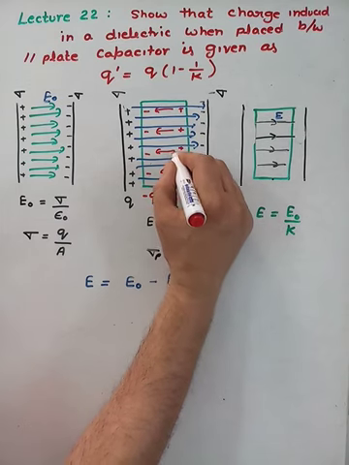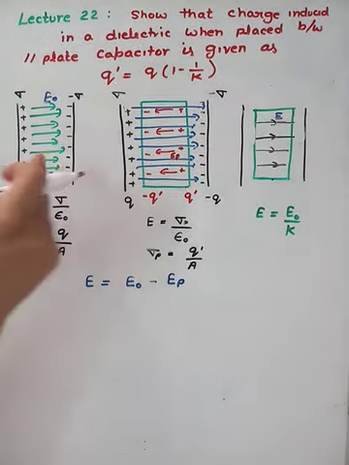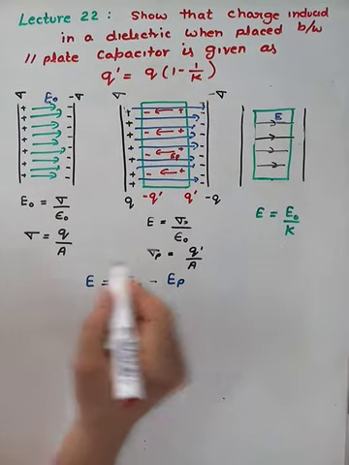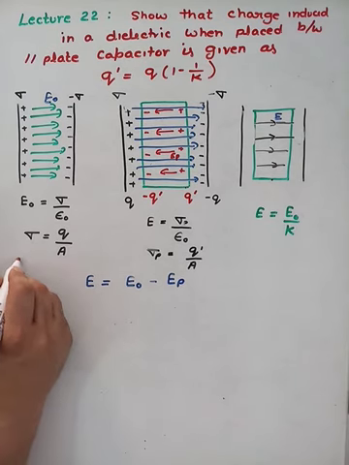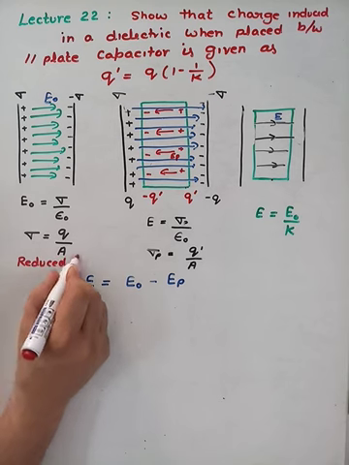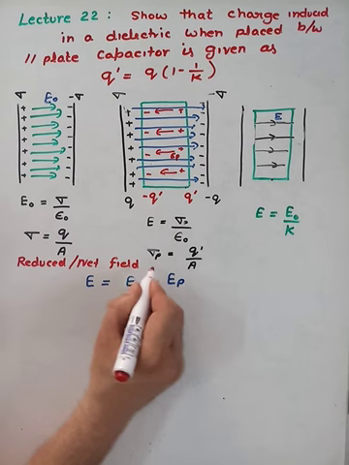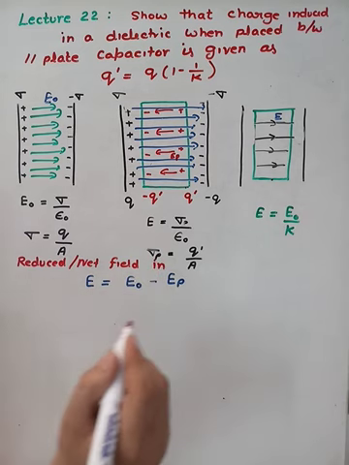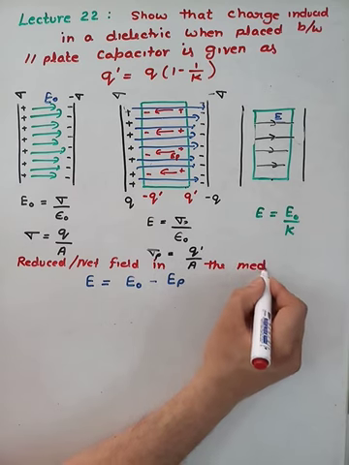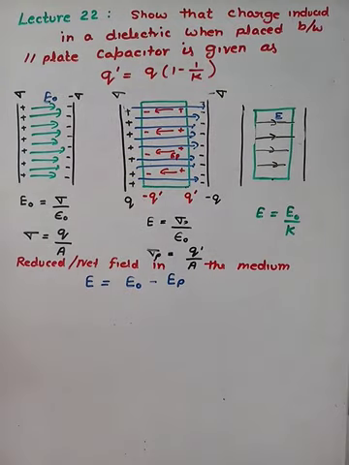EP is in the opposite direction to E naught, so the net, reduced field in the medium is given as E equals E naught minus EP.